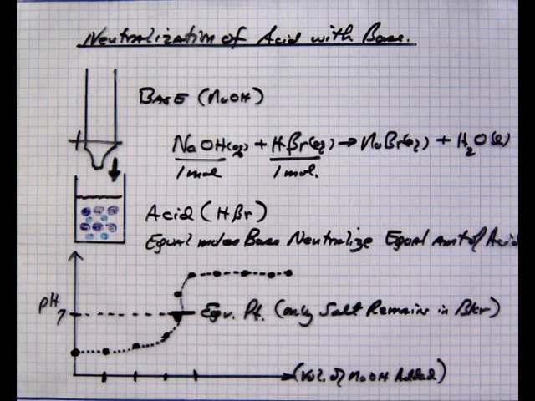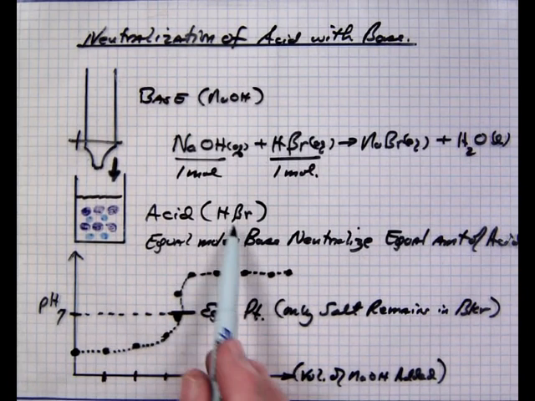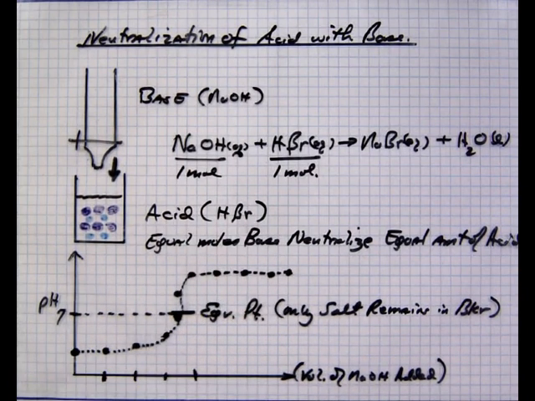Okay, now there's another story of why it remains at 7 and doesn't go through hydrolysis. Some of the substances that could be used as an acid may be neutralized, and their anions react with water through hydrolysis and will shift the pH up.